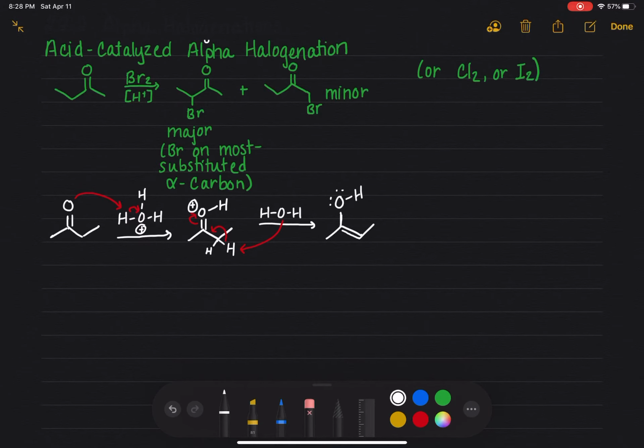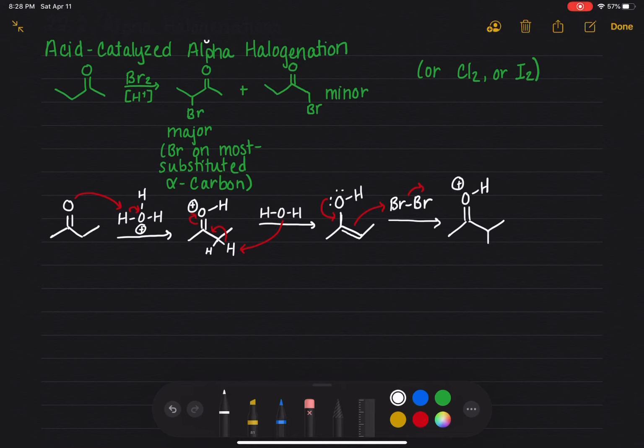and the enol lone pair of electrons on the oxygen are going to come right back down and allow those carbon-carbon electrons to reach out and attack our halogen. I'm going to draw it with bromine. This is going to break the Br-Br bond. And so now we have positive charge back up on the oxygen again.